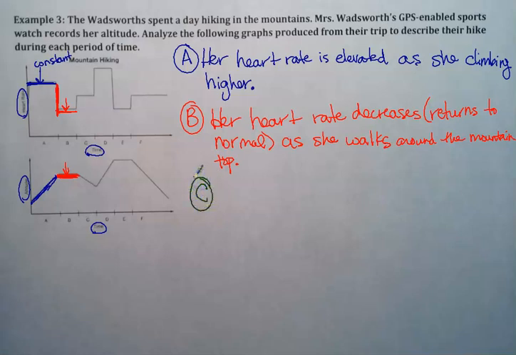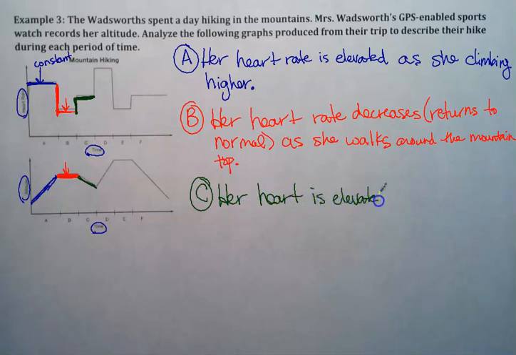Okay, so C, if we look at her heart rate, it increases, and then it's constant again. In C, her elevation is decreasing. So we look at her heart rate, it's elevated, but is it as high as it was up here? No. So we could say her heart rate is elevated or raises.